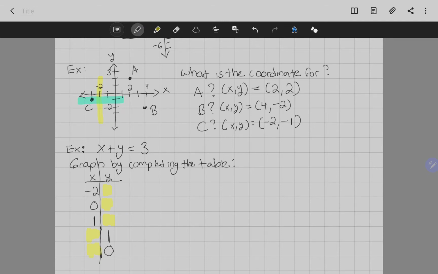What it means here now is we're just going to plug it in. When we look at the first one, it says x is equal to -2. So I'm replacing this x with this -2.